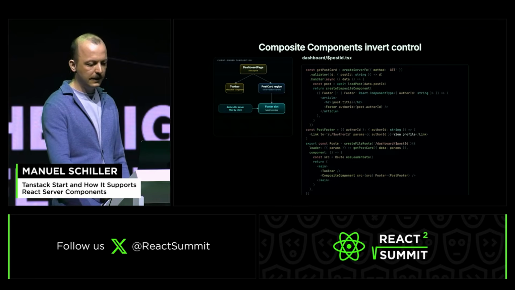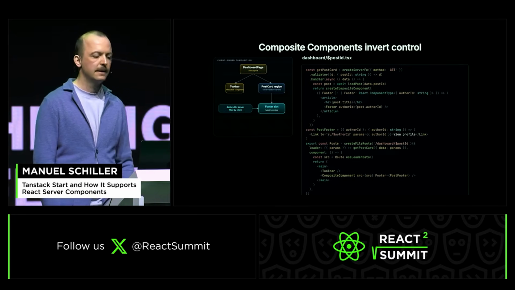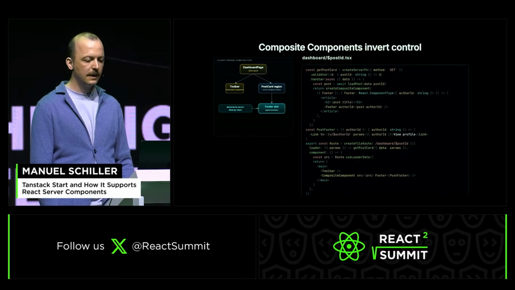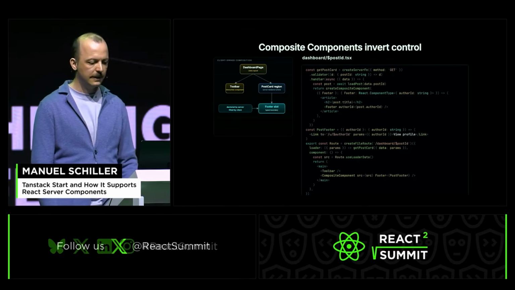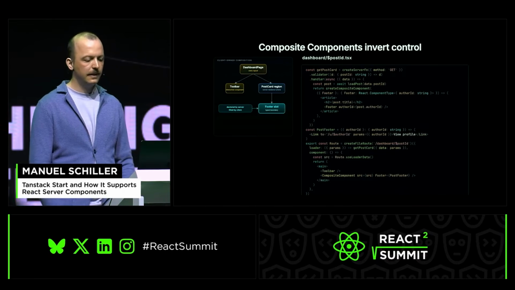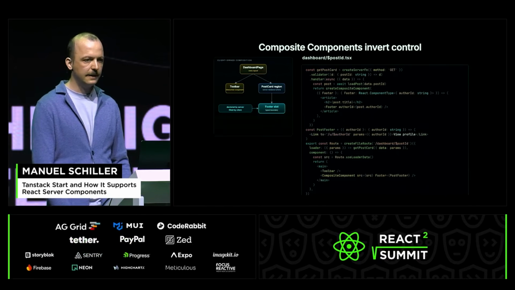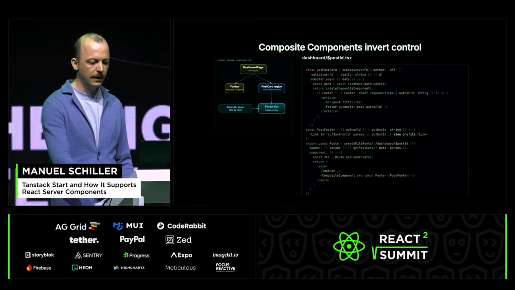Now, the idea here is if you want to place interactive elements inside of that server-rendered region, you can declare a slot. And in that case, that slot is called footer, and that says, in that place in the UI, I want to have an interactive component. It's called footer, and I pass a slot prop. And in this case, it's an author ID, a string.